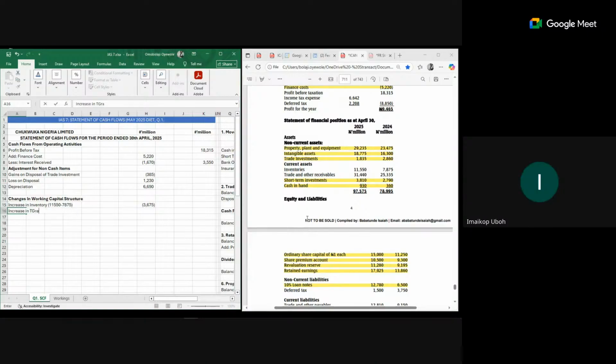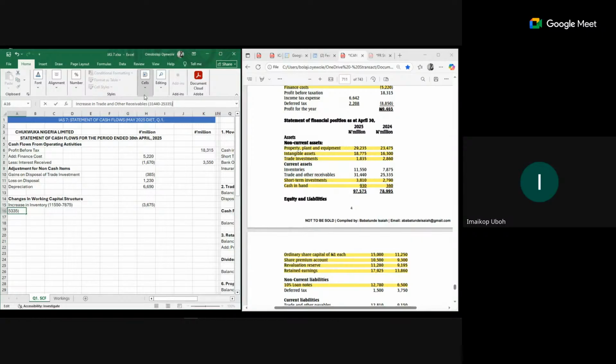It's an outflow too. Trade and other receivables, of how much? That's going to be 31,440 minus what?